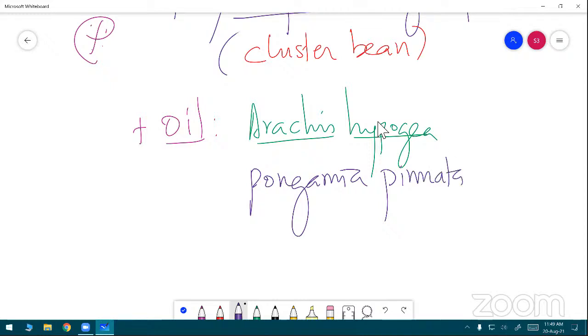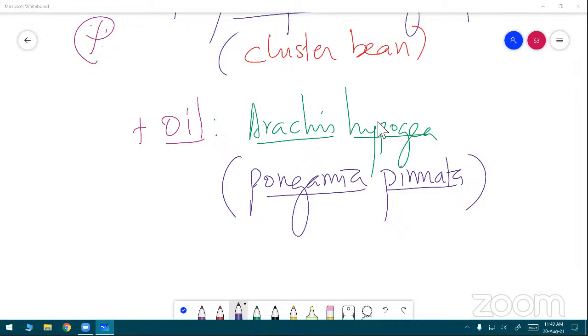That is a binomial of Pungam tree. It is called in Tamil Pungai. Pongamia glabra or Pongamia pinnata is an oil yielding plant. This oil is used for making soap, right? So I have discussed 2 oil yielding plants. One is Arachis hypogaea and another one is Pongamia pinnata.